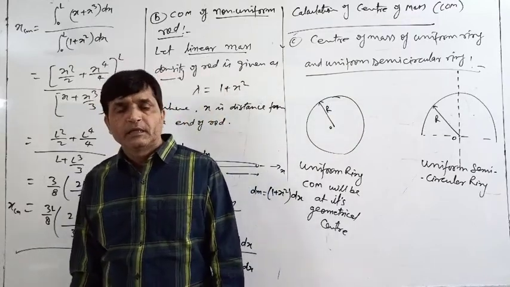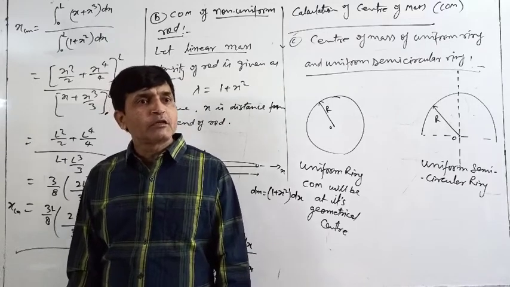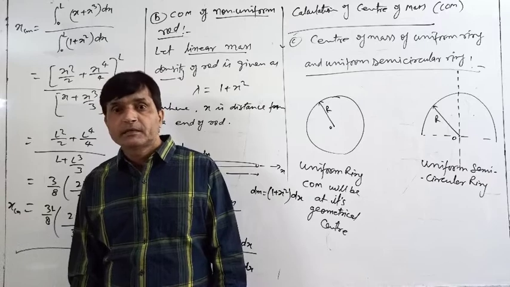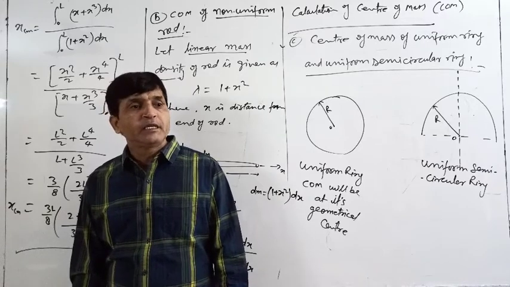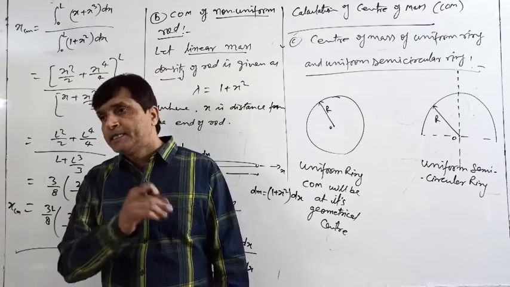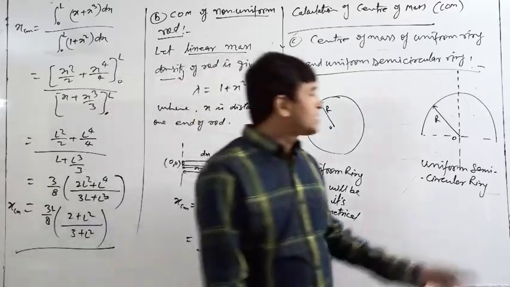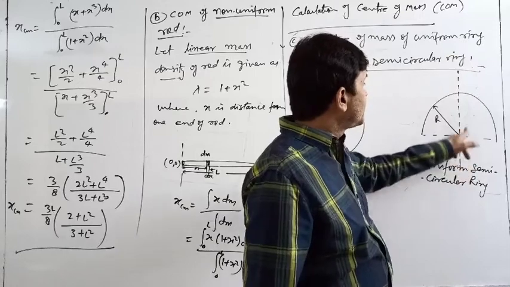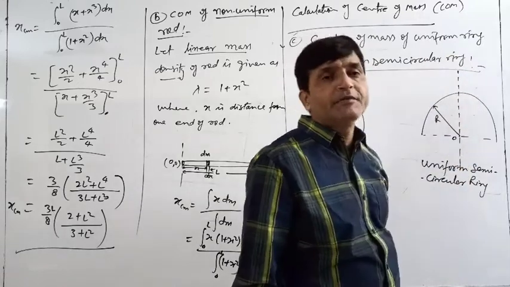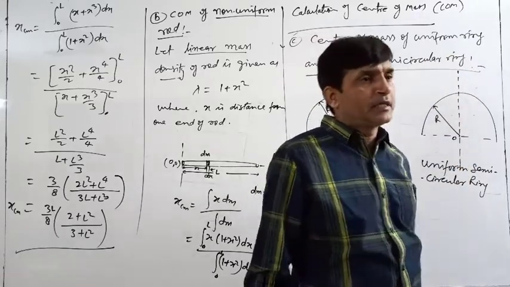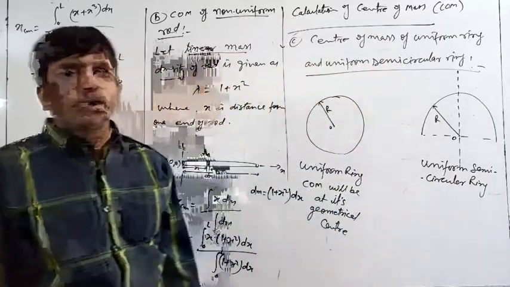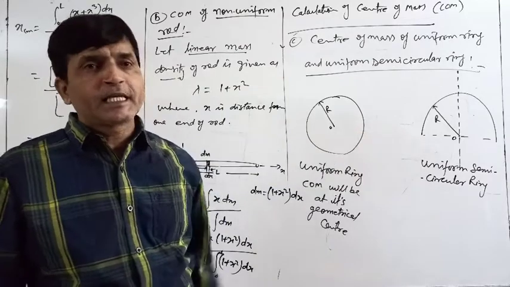No. So in that case I told you one idea. The center of mass must be on that line. The center of mass of the ring must be on this line. It may be here, it may be here, it may be here. Anywhere. That we have to calculate. So how to calculate? From where? Normally we can select a reference point.